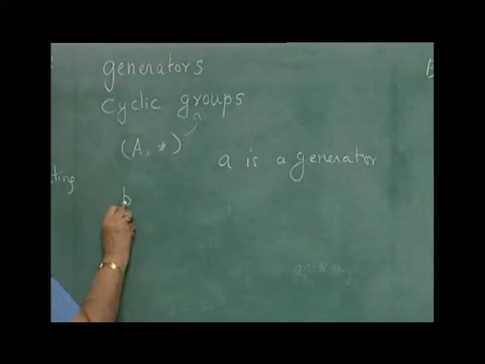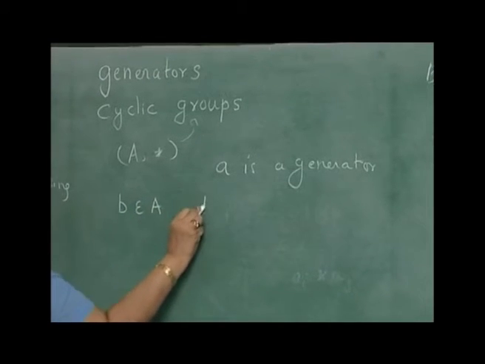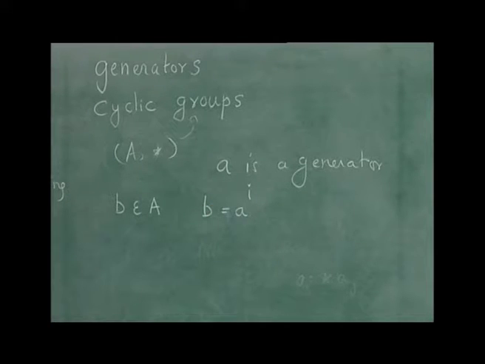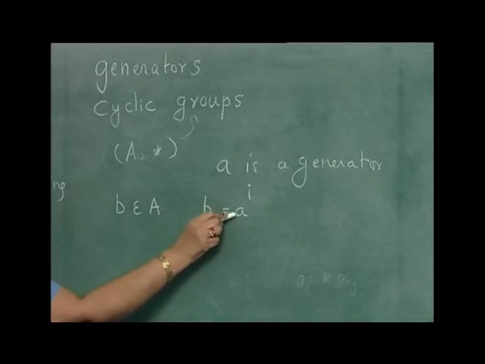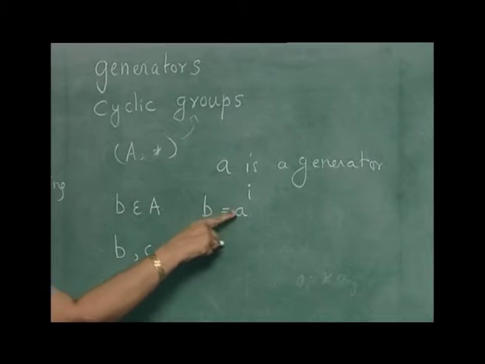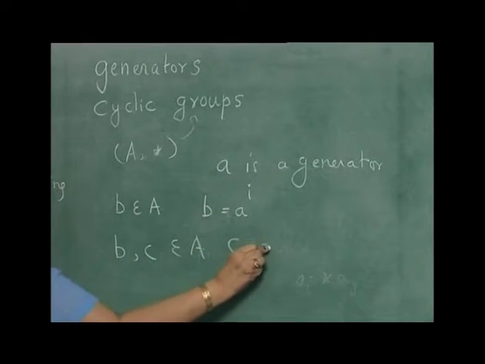Then if you take any element B belonging to A, B will be of the form A power I, because A squared, A cubed, everything belongs to the set A. Because of this property, if you take two elements B and C belonging to A, you can write B as A power I and C as A power J. Any element you can write in this form.